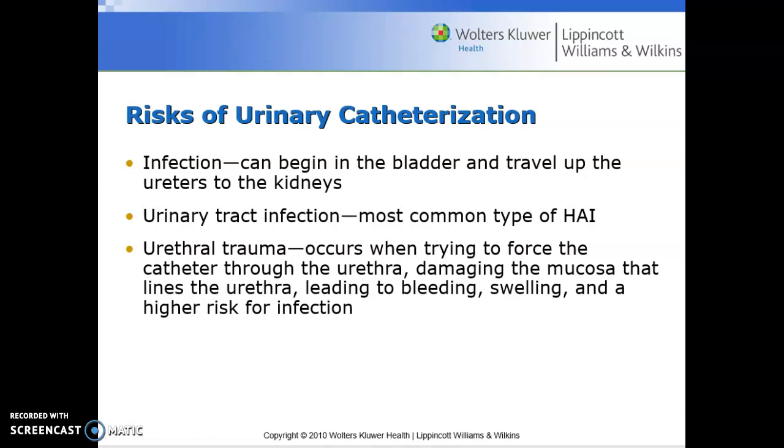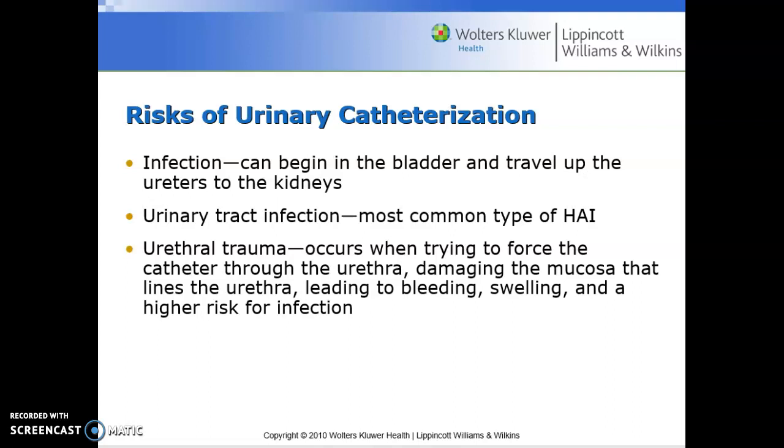Urethral trauma is greater in men than in women because of the length of the urethra and the curvature. In addition, the male has a prostate, and we have to maneuver around that prostate. And if that prostate is enlarged, then it can be very challenging.